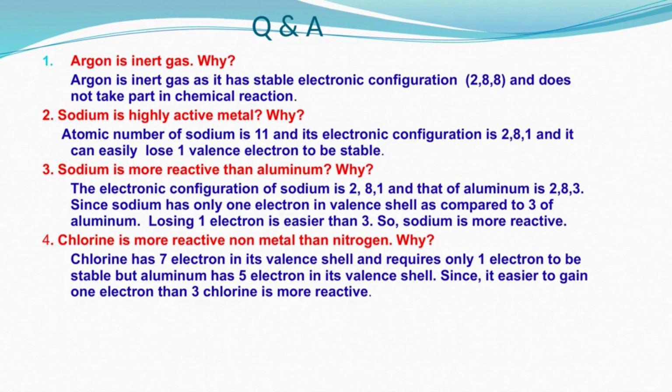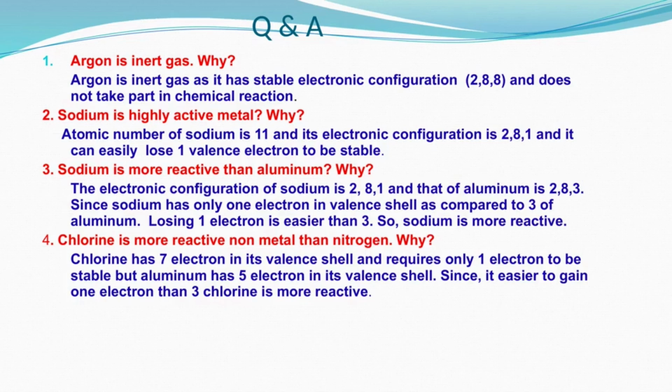So, some questions related to active metals: why it is so, why it is not so, why some metals are active and some metals are non-active. First question: argon is called an inert gas. Why is argon called an inert gas? In place of argon, other inert gases may be there.